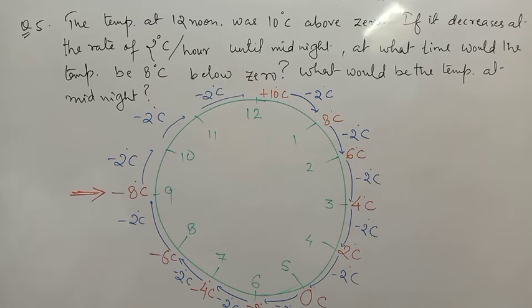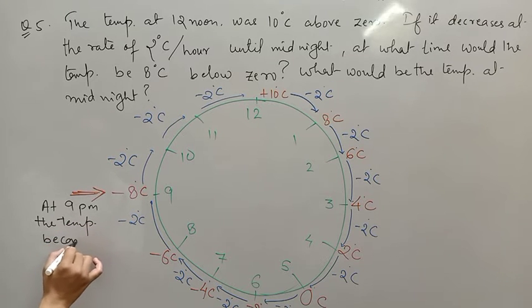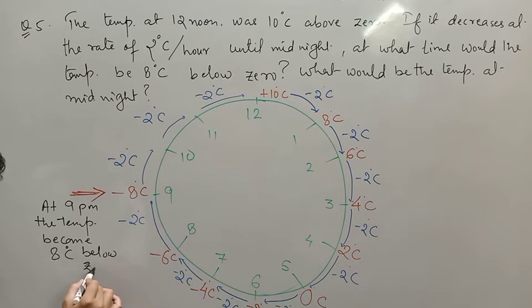So you can write: at 9 pm the temperature becomes 8 degrees below 0, or you can simply write -8 degree Celsius.